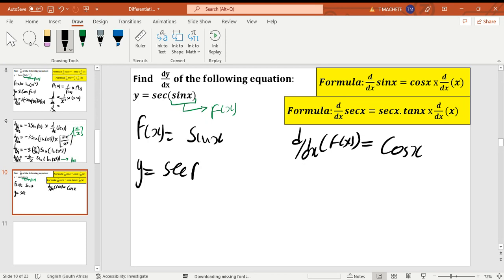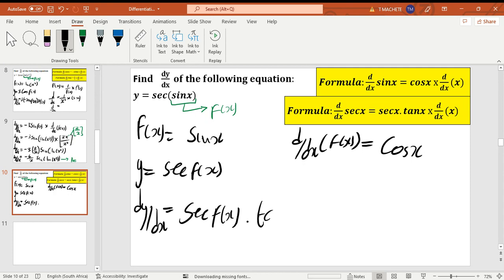Okay. After doing this, you go and write it back to the original formula. It's sec f of x. Then you differentiate now. So the differentiation of sec, you'll get sec f of x times tan f of x. And then always you multiply it with d over dx of your f of x.